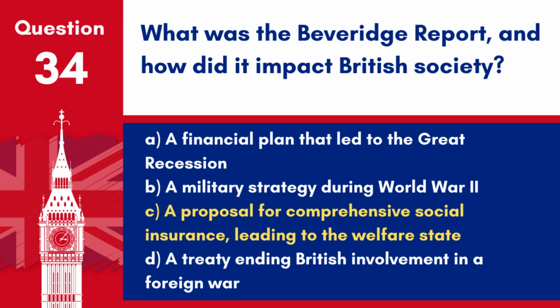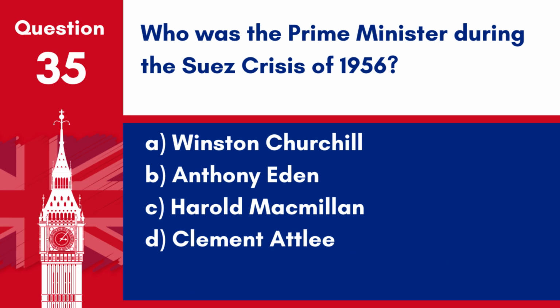Answer. C. A proposal for comprehensive social insurance, leading to the welfare state. The Beveridge Report, published in 1942, outlined plans for widespread social reforms, laying the groundwork for the modern UK welfare state.